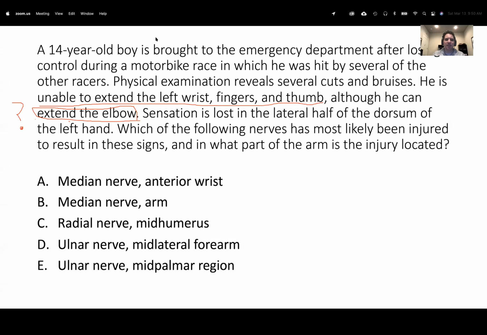All right, so this is a good teaching point here. This guy gets in a motor vehicle accident, and you could see he's unable to extend the left wrist, the fingers, and the thumb. So when we talk about extension, particularly in the hand, we're talking about the radial nerve. Now, the question comes here, why is he able to extend the elbow?